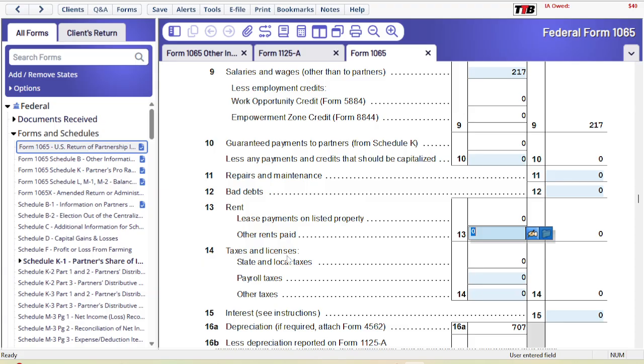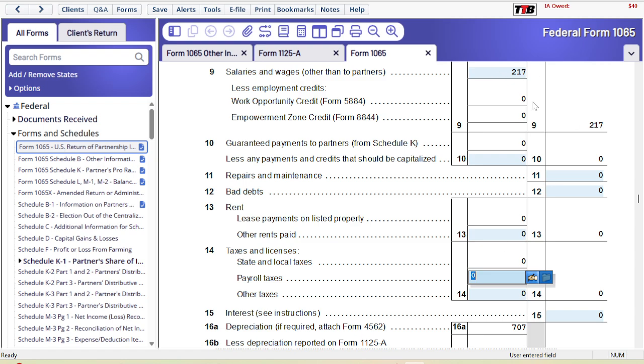So taxes and licenses. Here you have state and local taxes. You will put it there, and payroll taxes. Since we have payroll here, we will put payroll tax here.